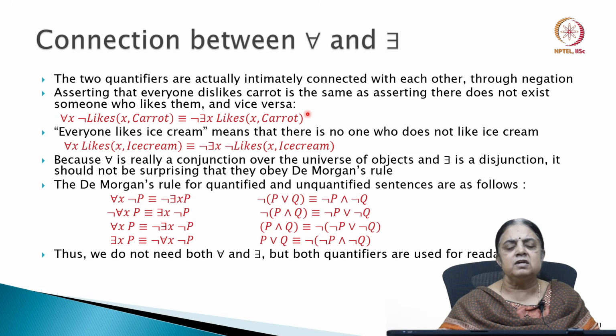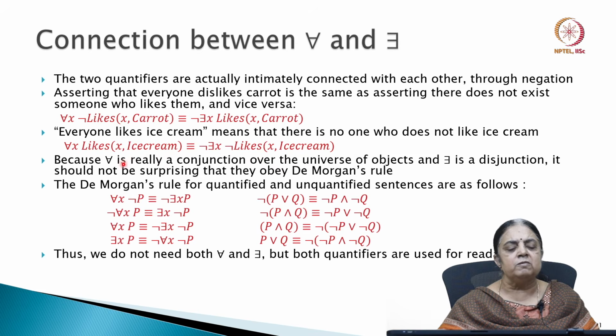Everyone likes ice cream: for all x, likes(x, ice cream). But we can also say there is no one who does not like ice cream. So again, if we take a negation, you get there does not exist x such that not likes(x, ice cream). So they are actually a negation of each other.